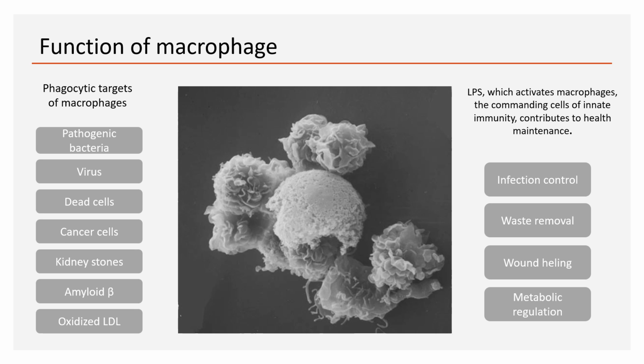The photo shows macrophages surrounding and phagocytizing a dead white blood cell. Thus, macrophages contribute to our health in many ways through phagocytosis, such as defense against infections, waste removal, wound healing, and metabolic regulation. LPS, through its activation of macrophages, contributes to our health.